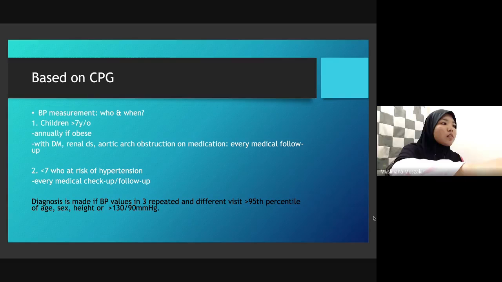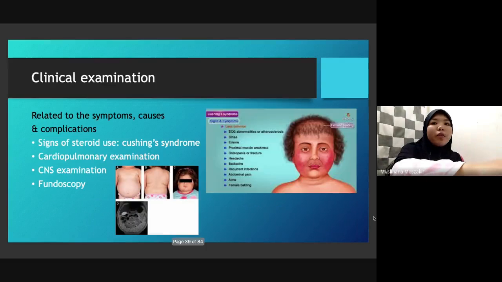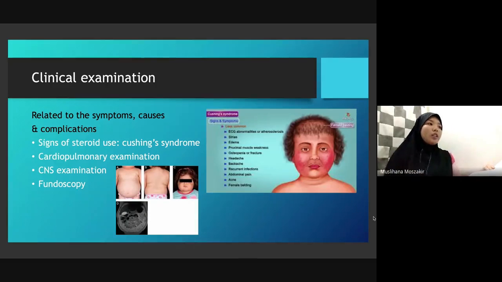So next, for clinical examinations. The examinations that we will do are related to the symptoms, the cause, and the complications.